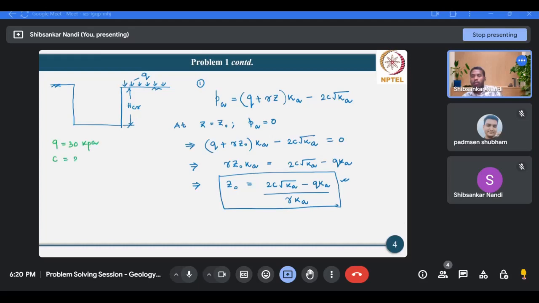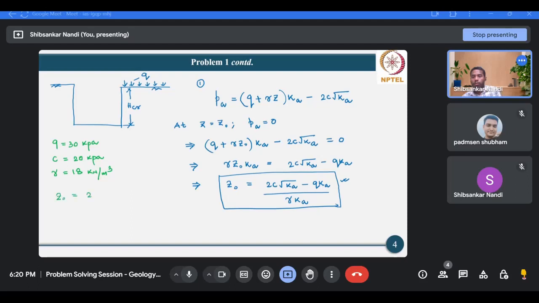Gamma of soil is 18 kilonewton per meter cube, and gamma f is not required for this expression.